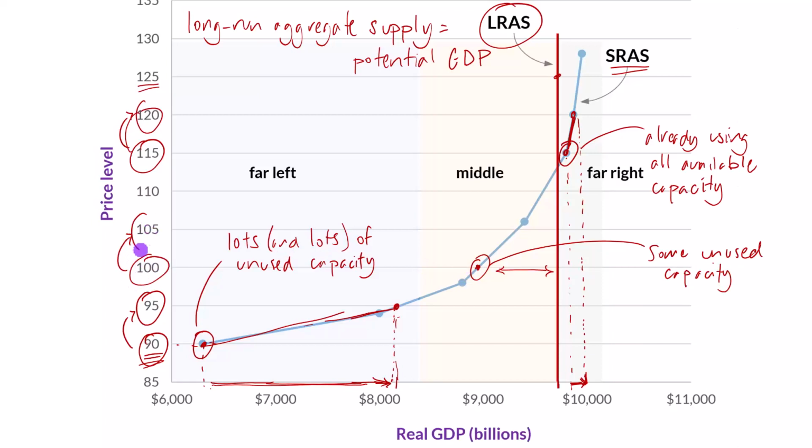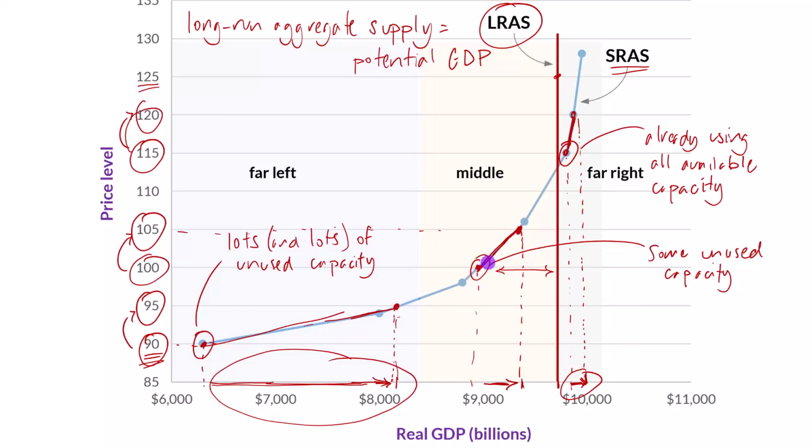Again, we'll go up by 5 points to 105. And so in this case, GDP is just going to increase by some amount that's intermediate between what we saw over here and over here. GDP will increase, but it will be by a more moderate amount. Okay, so that will put us there.